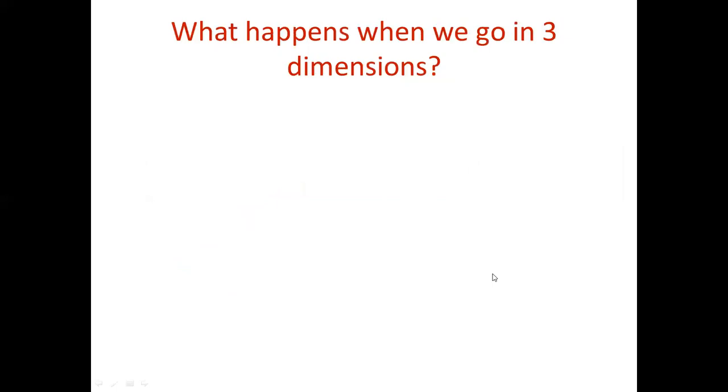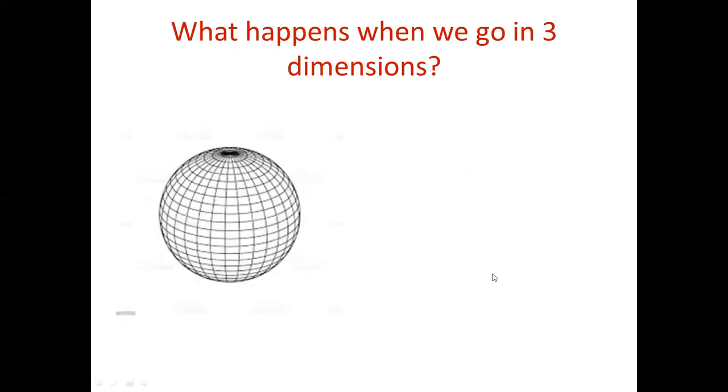So what happens when we go in 3 dimensions? We saw what happens when we go in 3 dimensions for Cartesian coordinates. But for a circle, when we go in 3 dimensions, we could form a sphere. And for any point, let's say here's a point, I can mention it as a point on the surface of a sphere. But this is not the only way.